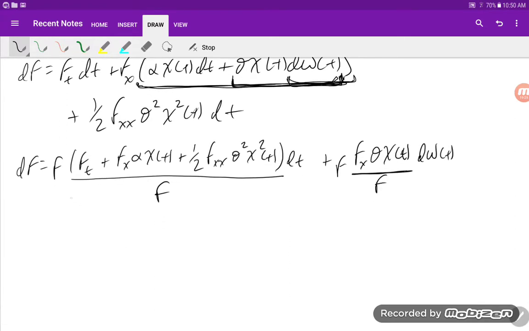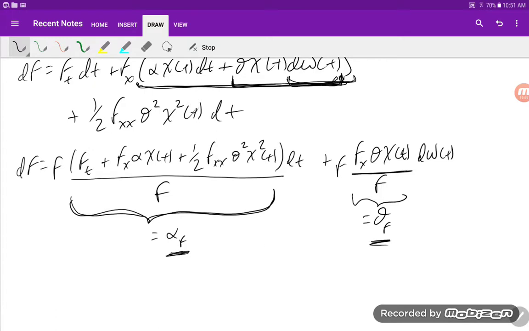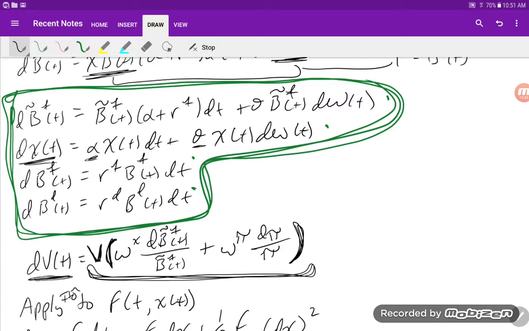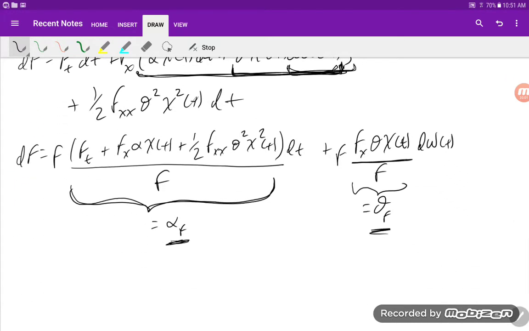And what we're going to do with this is we're going to call this alpha subscript f, and this is going to be sigma subscript f. Now here, I know this could be a little confusing, but it's just the way that I like to do it. Here the subscripts aren't denoting partial derivatives. They're simply a subscript to differentiate this alpha and this sigma from the alpha and the sigma of the underlying foreign exchange rate.